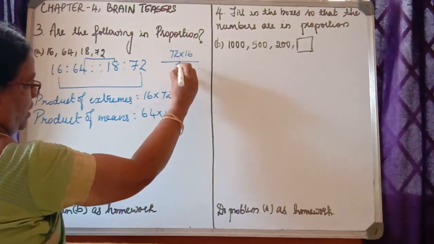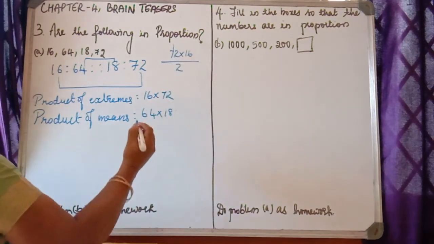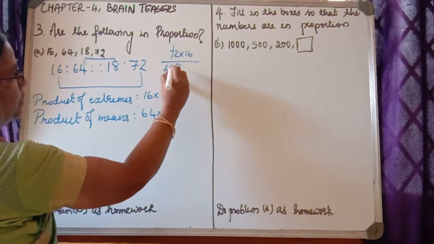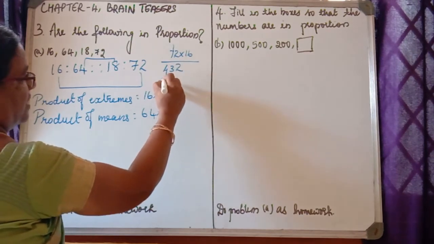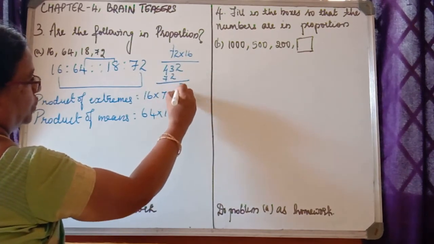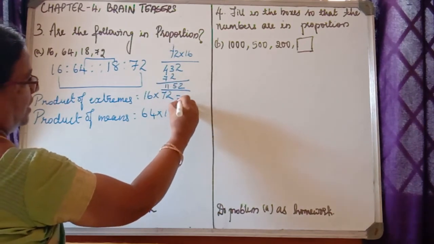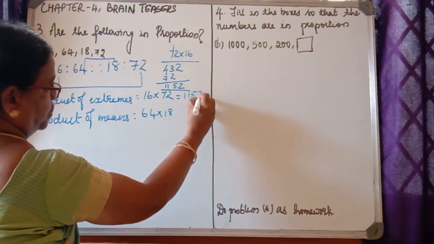6 2s are 12, remainder 1. 6 7s are 42 plus 1, 43. 2 1s are 2, 2 7s are 14, 7. Add 2, 5, 11. 1152.